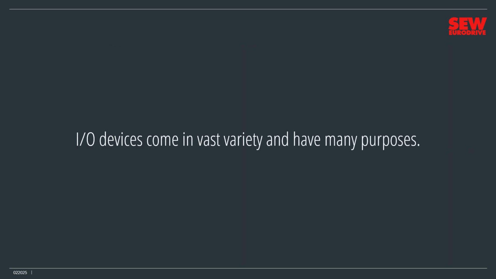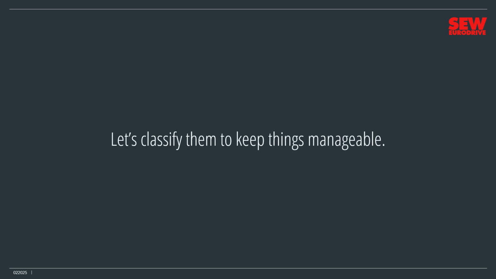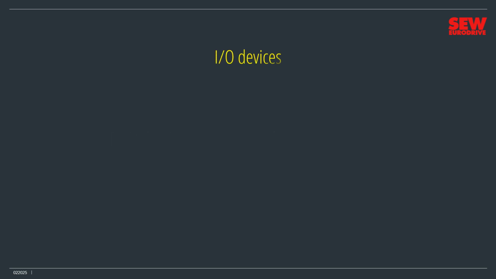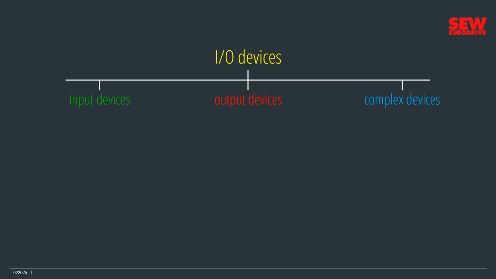I/O devices come in vast variety and have many purposes. I'm not exaggerating. There are so many I/O devices that it's a little daunting to cover them in one module, so let's classify them to keep things manageable. First, we'll divide them into three broad categories: input devices, output devices, and complex devices.